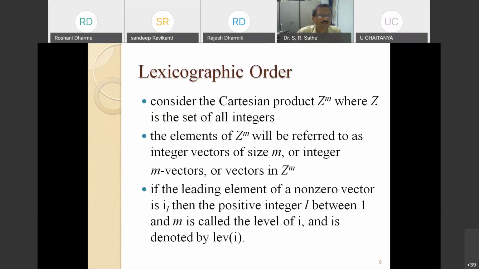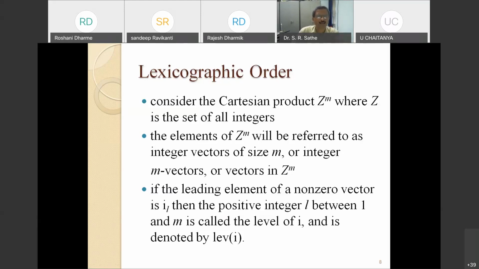If the leading element of a non-zero vector I is I_L, then the positive integer L between 1 and m is called the level of I and is denoted by level(I). So for this there is an example. We find out the leading element of the vector.